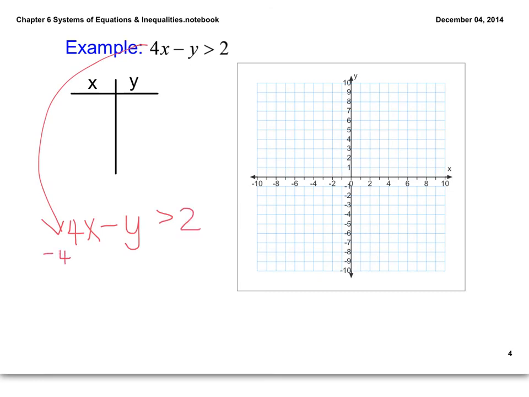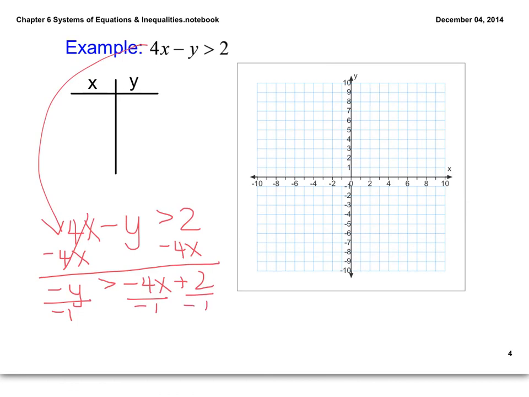The first thing we have to do is move the 4x onto the other side. So we have negative y is greater than negative 4x plus 2. Remember, we don't ever want a negative y, we want positive y, so we have to divide by negative 1.